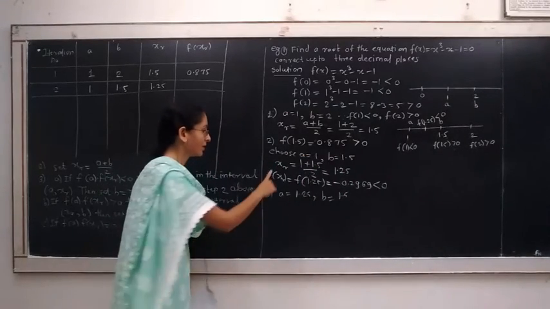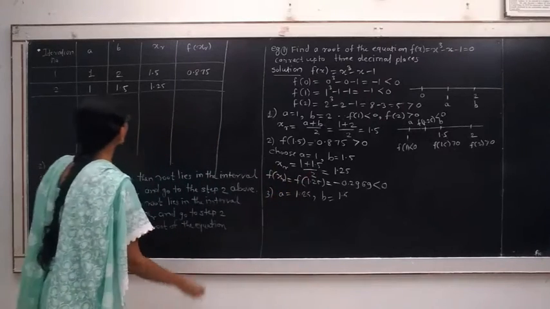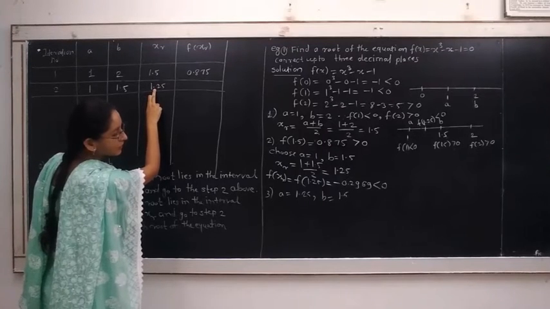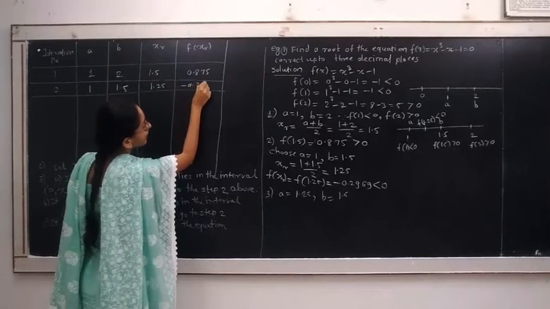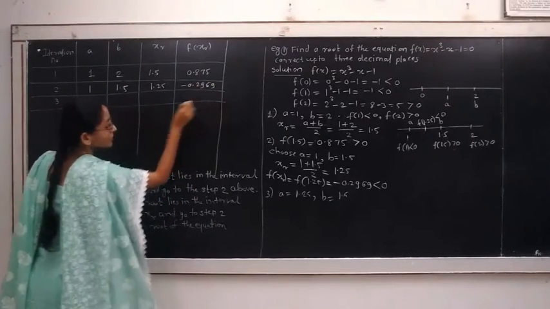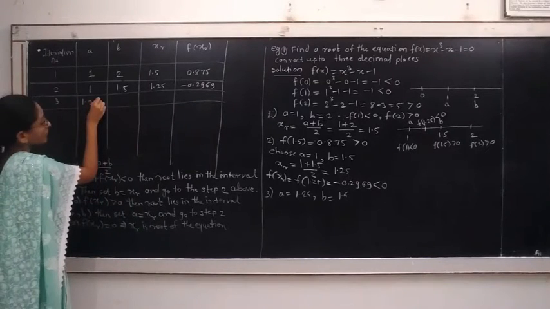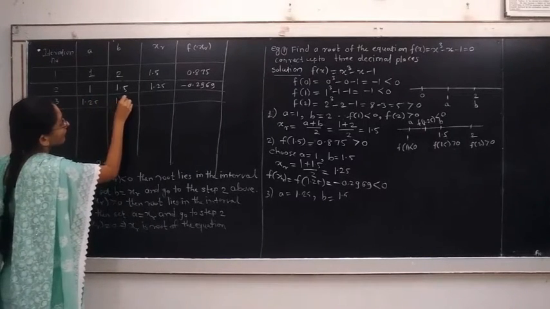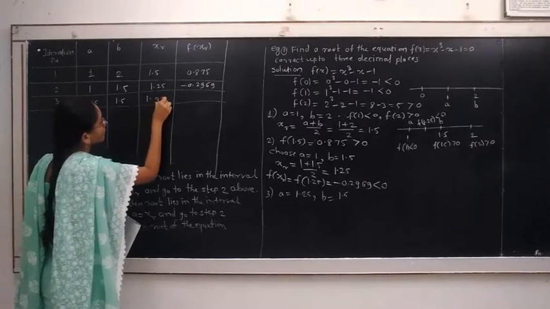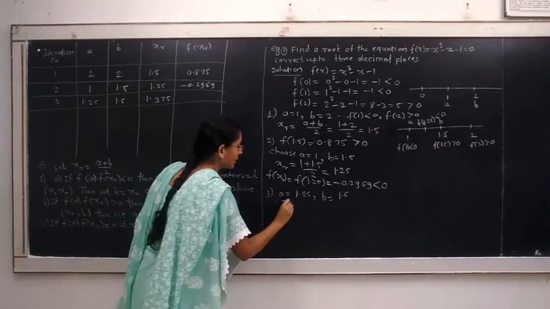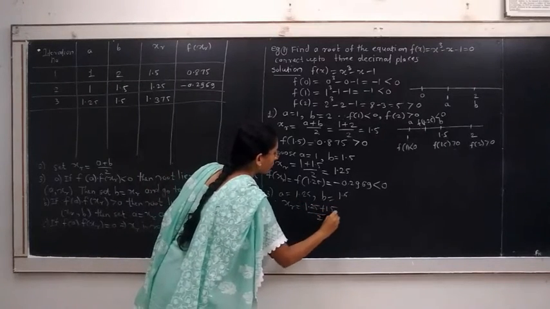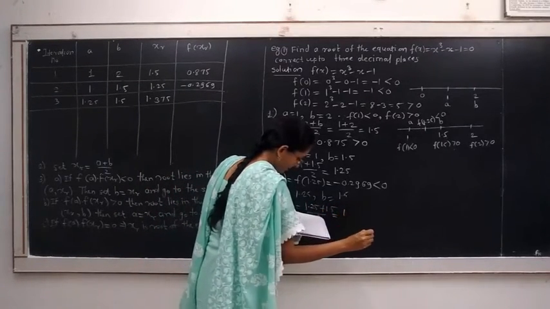In the second iteration, a value of f of 1.25 is minus 0.2969. In third step, choose a is equal to 1.25, b is equal to 1.5, and their mean is given by 1.375. Therefore, xr is equal to 1.25 plus 1.5 upon 2, which is equal to 1.375.